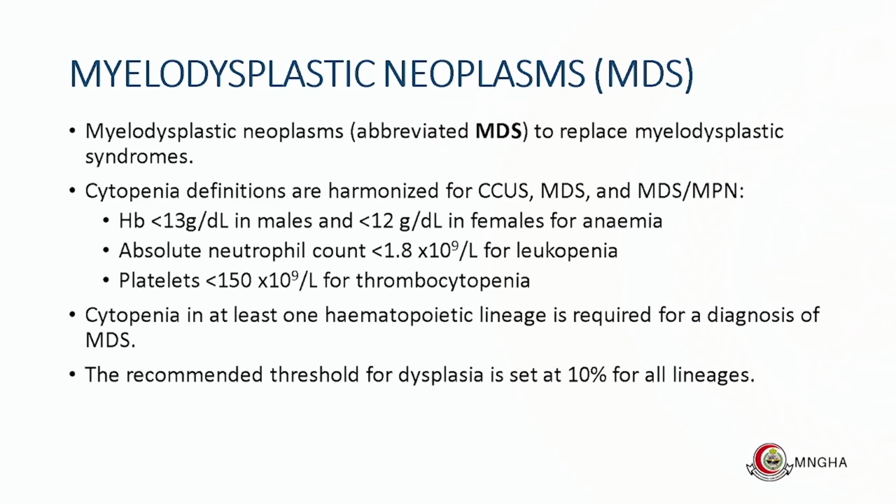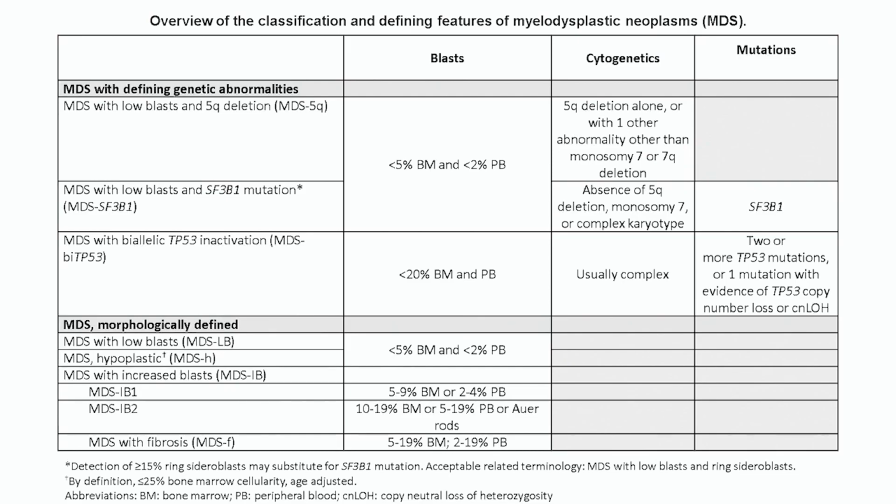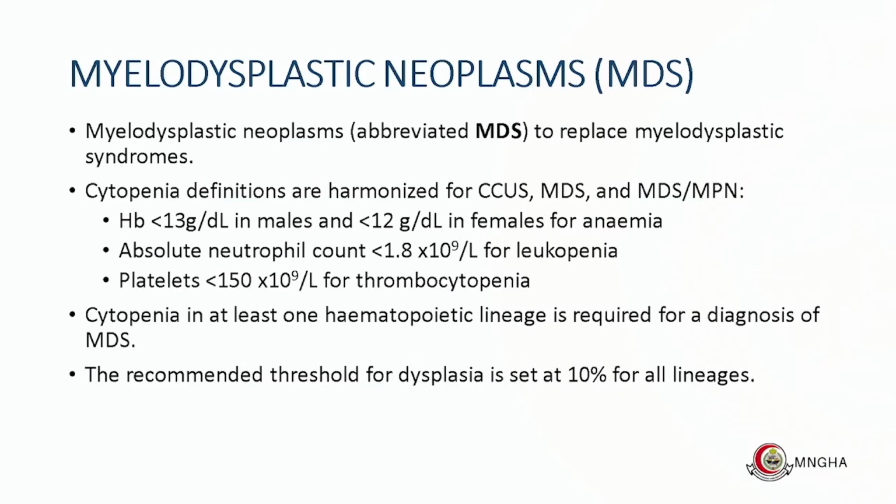And also, they defined the cytopenia to be similar in clonal cytopenia of undetermined significance, MDS and MDS/MPN. So hemoglobin of less than 13, and less than 12 for females, and platelets less than 150, absolute neutrophil count less than 1.8 is a definition for leukopenia.